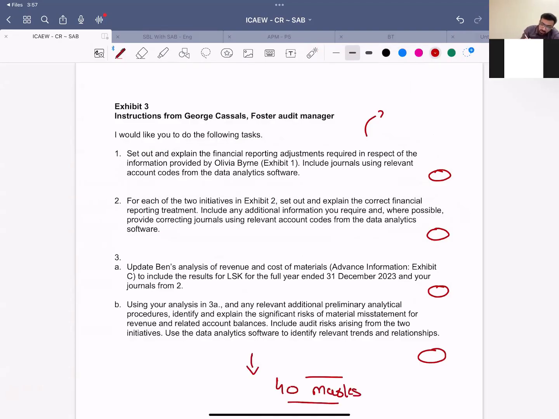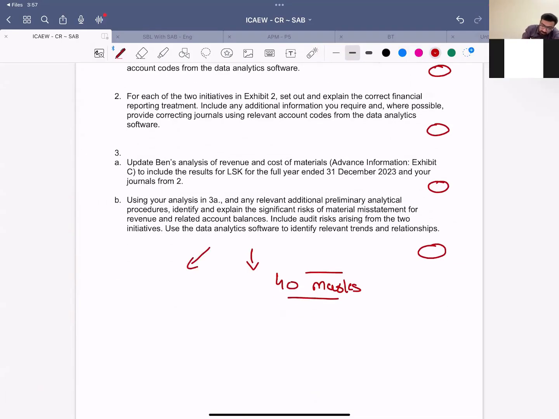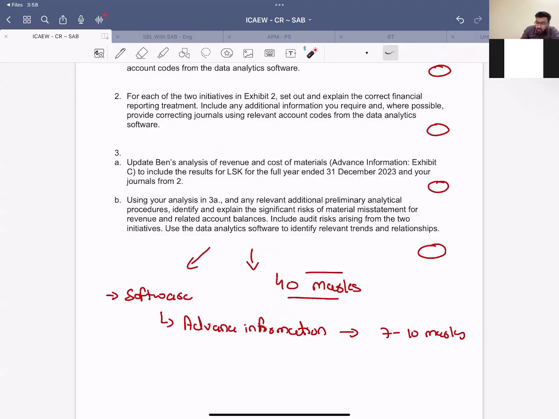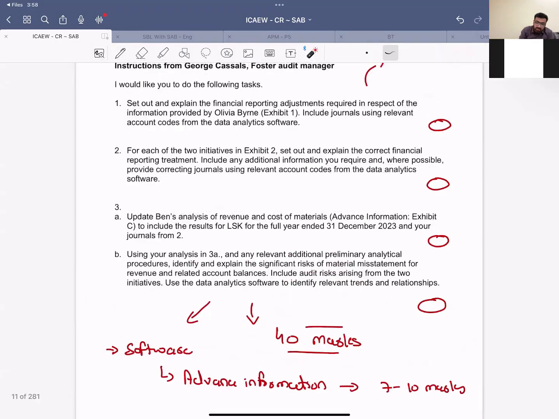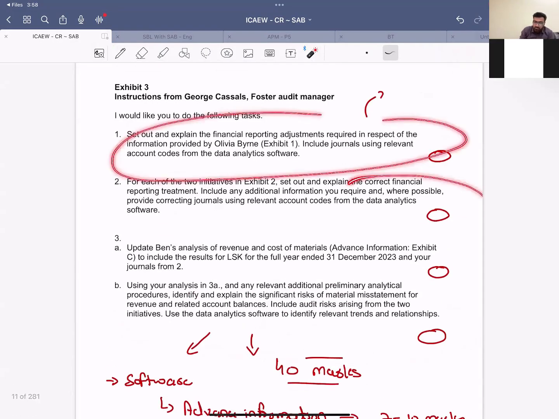One more thing is that this might be the question that uses that software as well. If it is using a software, that means we would have to read the advanced information for this attempt as well. Although the advanced information possesses 7 to 10 marks, since I am making you prepare for this, I need to solve each and everything.